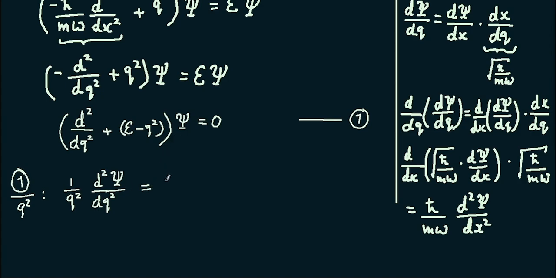So that would give us 1 minus epsilon over q squared ψ.